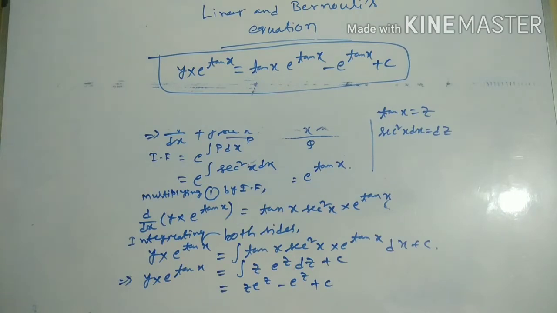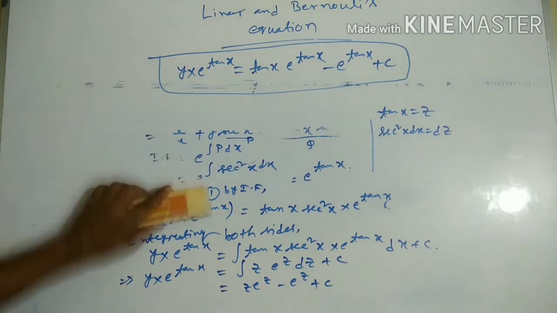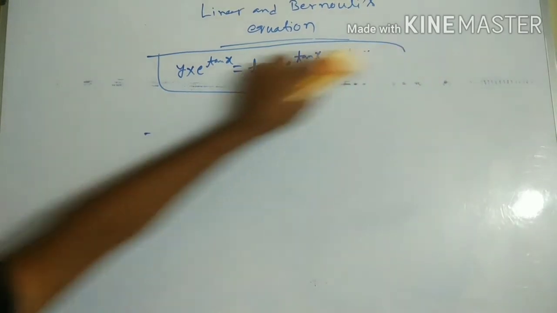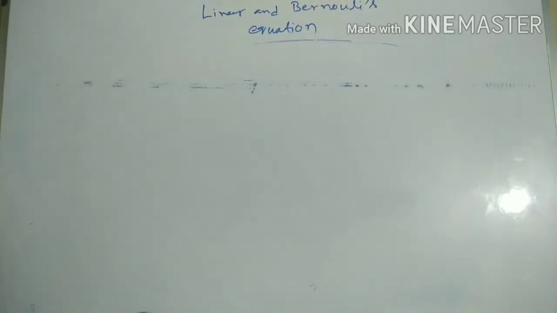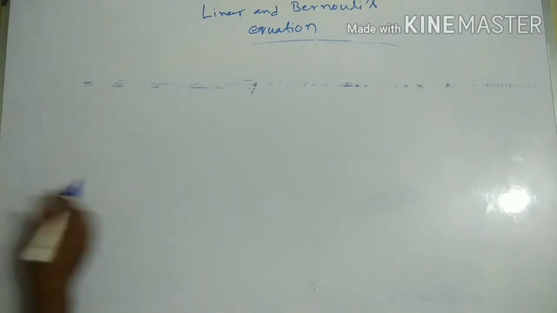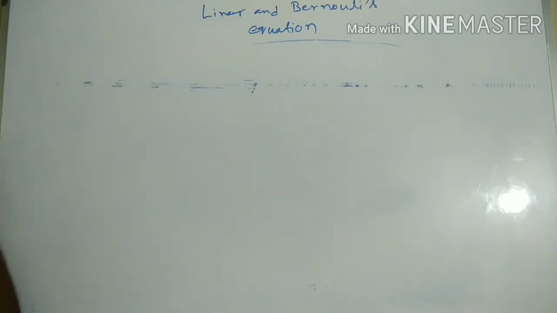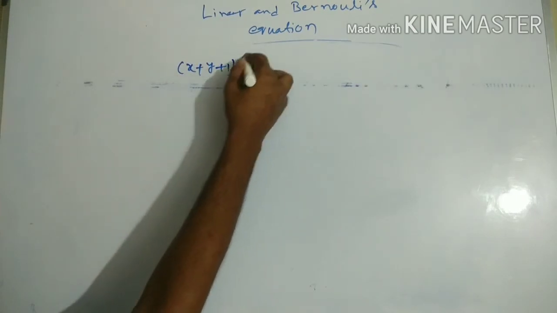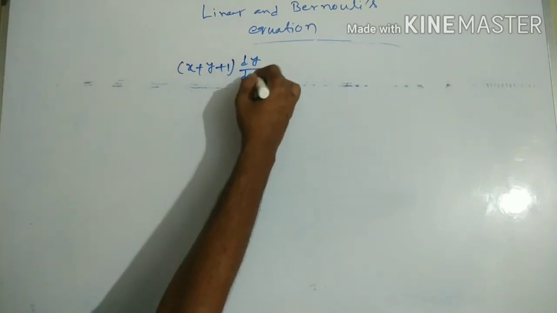Okay, now I will take another example for the second form, general form, that is linear in y. So the second example you can take (x plus y plus 1) dy/dx equal to 1.